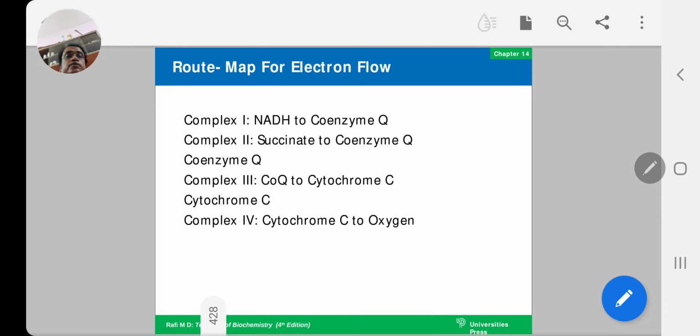In complex 4, transfer of electrons from cytochrome c to oxygen. The final component of the respiratory chain, called cytochrome oxidase, carries electrons from cytochrome c to molecular oxygen.